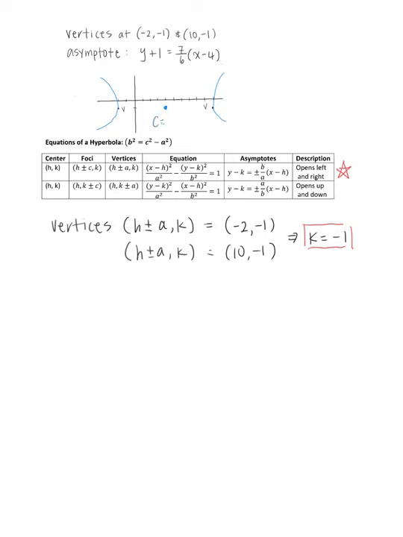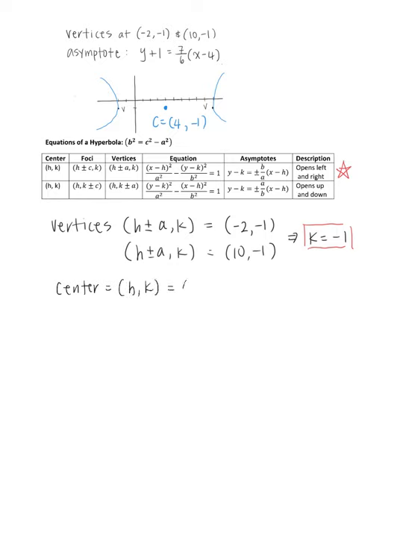So the y value of the center is going to be -1, and what's the x value here? It's 1, 2, 3, 4. So the center is going to be at (4, -1). Let me write it out: the center is given by the formula (h, k).